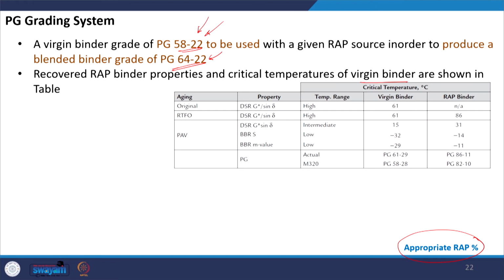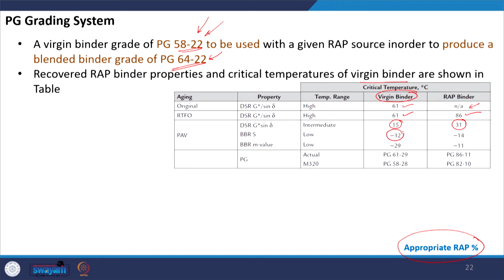So this is the table, and you see that the virgin binder has a high PG of 61. For the RAP binder we do not determine the original binder grade, so it is not required. After RTFO, it is 61 for the virgin and 86 for the RAP binder. For intermediate G star dot sin delta less than 5000 kPa, it is 15 degrees Celsius for the virgin grade and 31 degrees for the RAP binder.